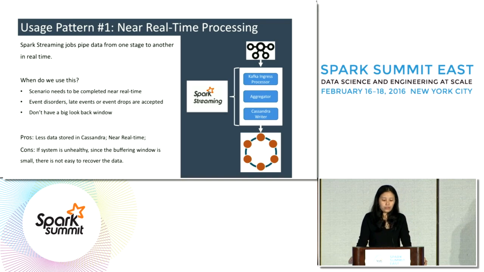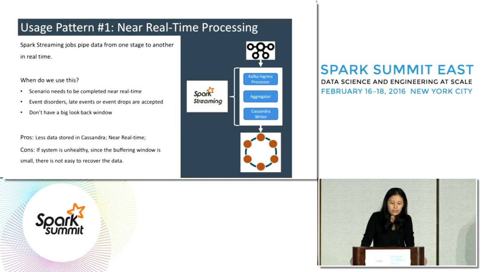Also, it works well if the data stream has some degree of tolerance for event disorder or late or missed events. The pros of this usage pattern are very obvious. It's near real time and has less than 5 minutes latency. And it will store less data in Cassandra.